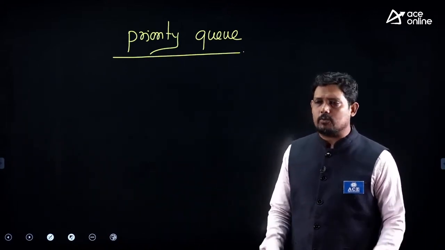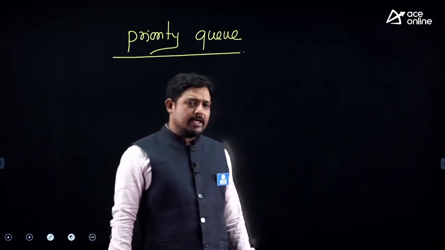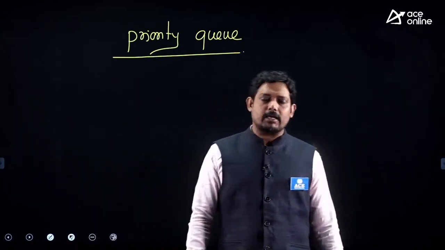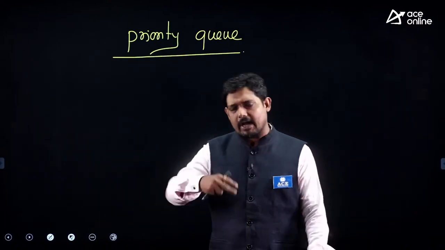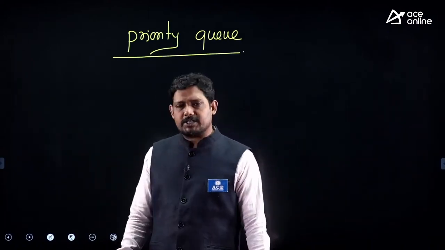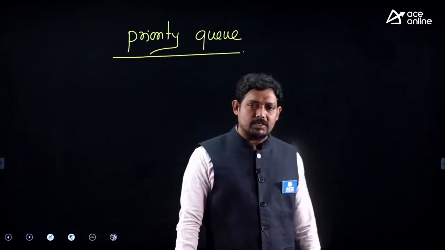Nowadays in airports also they maintain a priority queue. They give priority to some people for boarding the plane. Other people make the queues and go one after another, first in first out, whoever is first goes out first.